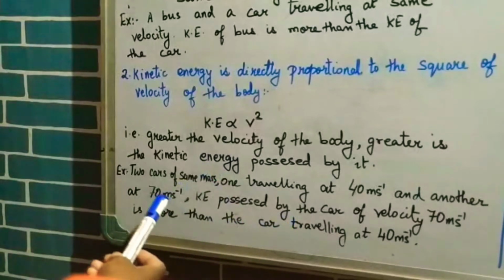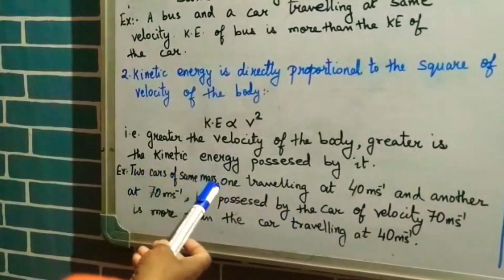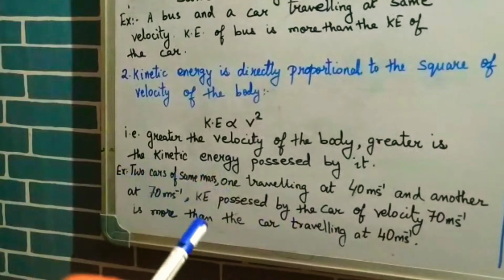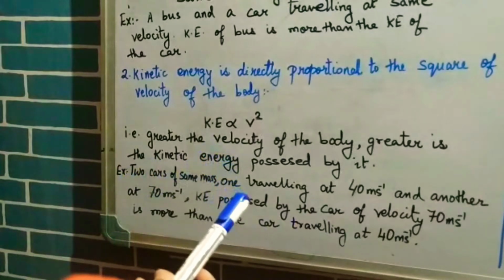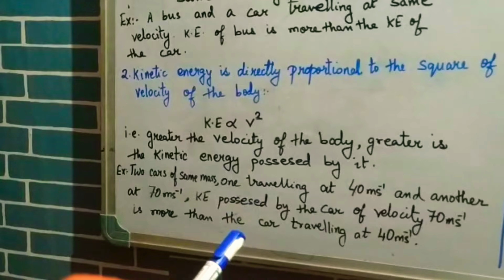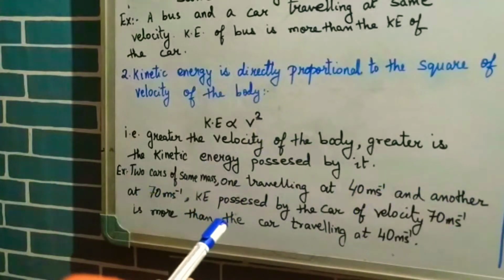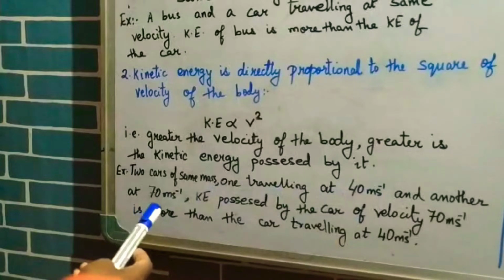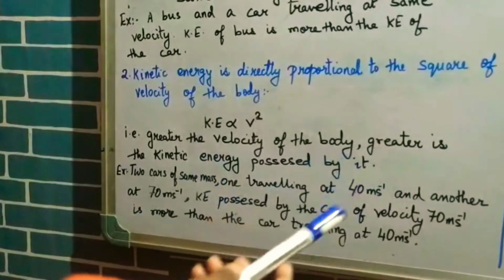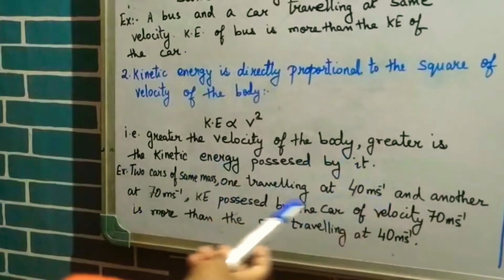Say for example, you take two cars of the same mass, that means we can say two cars of the same brand, one traveling at 40 meter per second and another at 70 meter per second. Now the velocities of the two cars of the same brand, whichever brand you like, are 40 meter per second and 70 meter per second.